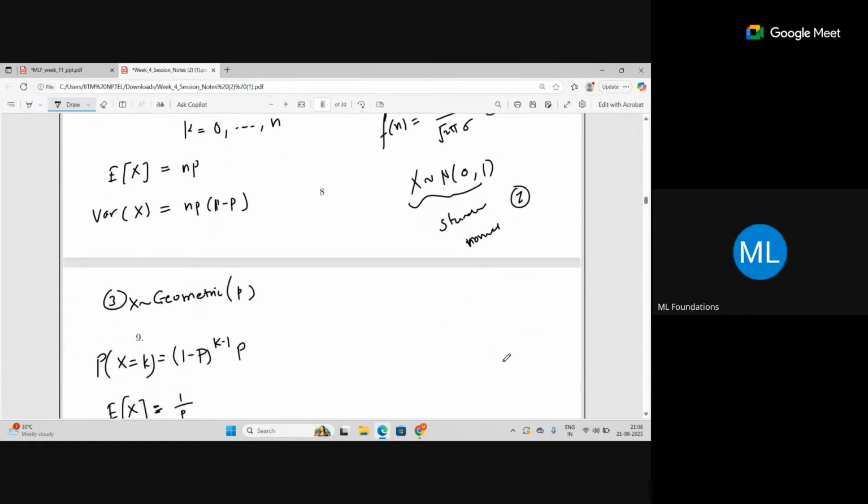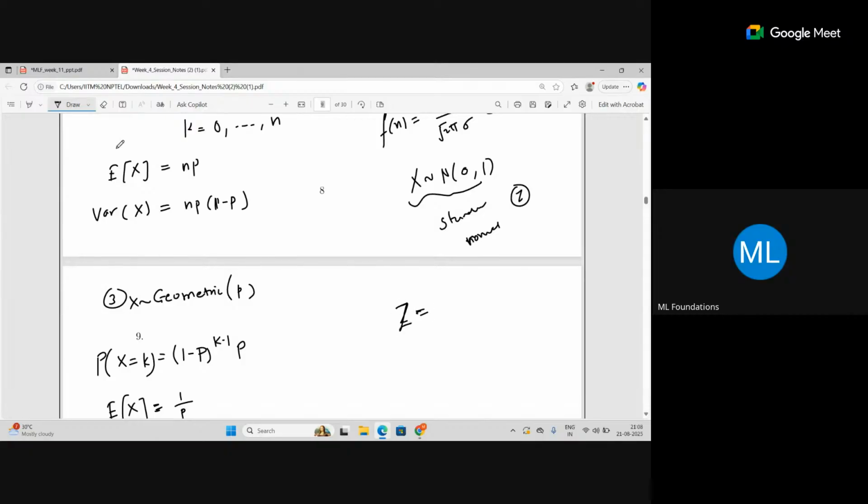If you are given any particular random variable x with mu and sigma, do you know how to convert it into the standard normal? Z can be written as x minus mu by sigma. Any random variable can be standardized by this formula, it's not only related to the normal.